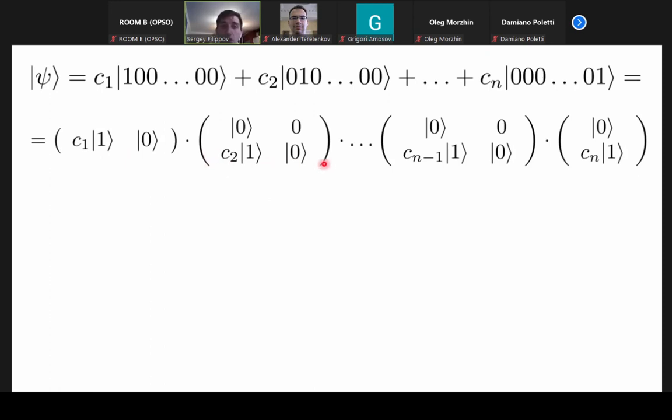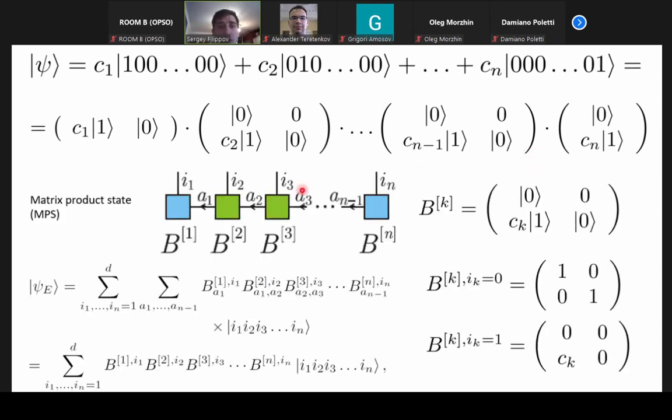Then we take a product of those n matrices, and it gives us the description of the state psi. Since we have a product of matrices, this state is also called matrix product state, and it is given by a particular tensor diagram shown here in the middle of the slide.